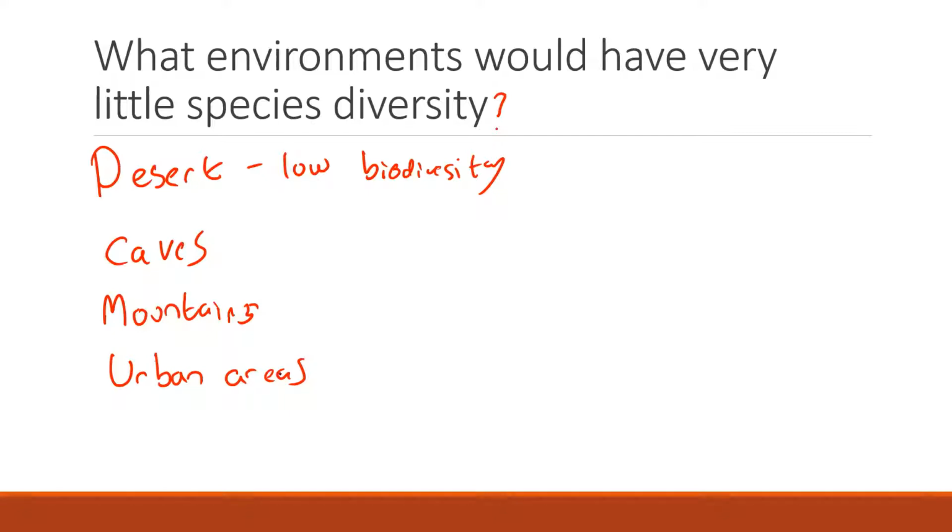If you look around the streets in a city, you will see, yeah, sure, some rats, some birds, and maybe some trees planted every so often, but it's not a diverse ecosystem. There's not lots and lots of different types of animal. There's just a couple of random ones.